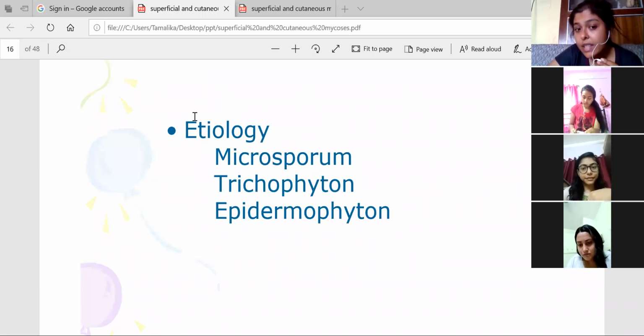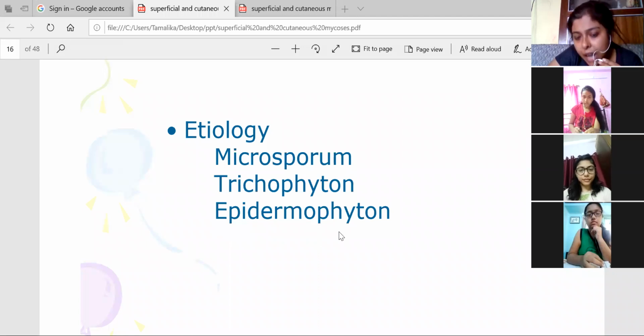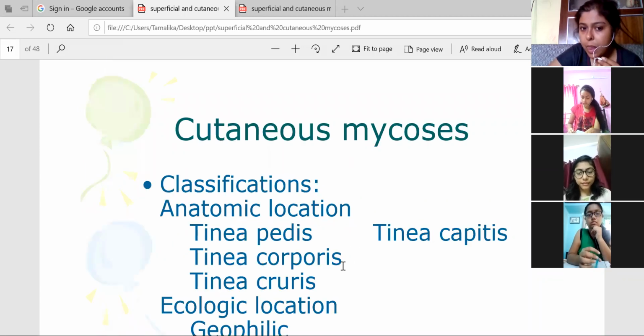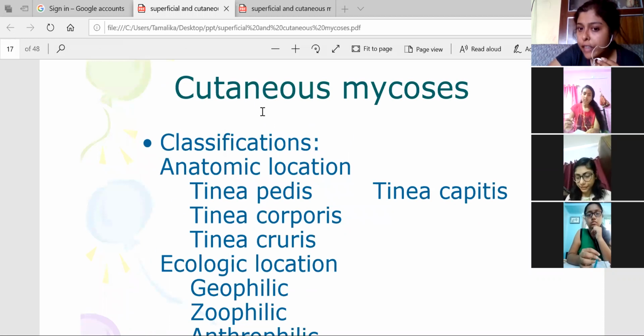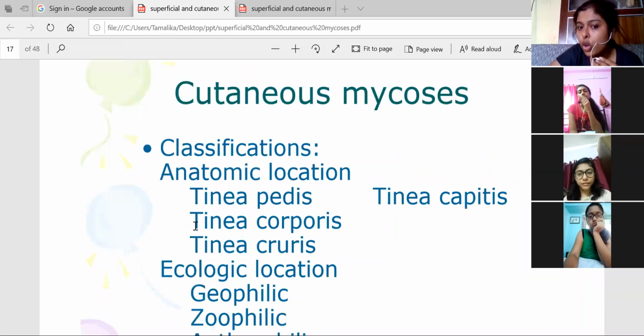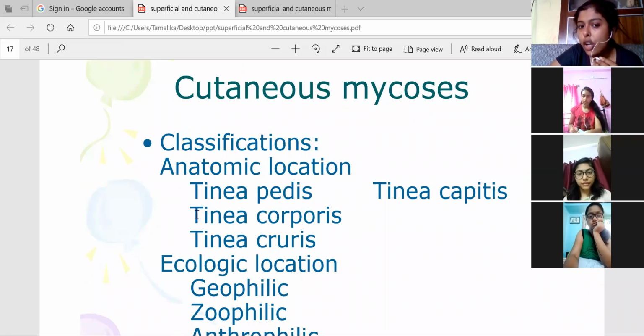So etiology means the causative agent: Microsporum species, Trichophyton species, Epidermophyton species. Now, when we talk of cutaneous mycosis, they are classified by anatomic location and ecologic location.